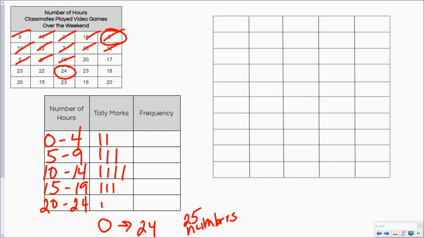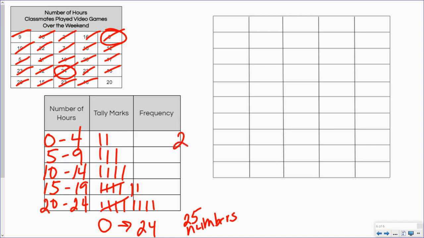Then we have 20, 17, 23, 22, 24, 23, 18, 20, 15, 23, 18, and 20.